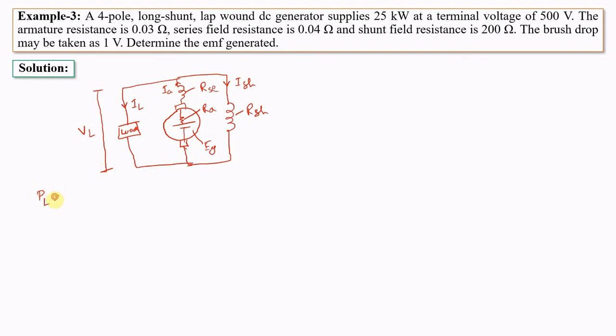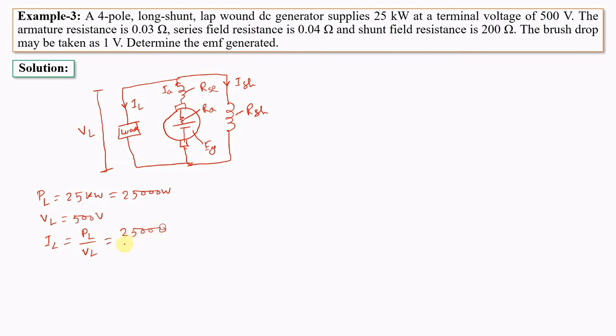The output power here is 25 kilowatt or 25,000 watt, and the voltage across the load is 500 volt. That is the terminal voltage. So IL can be calculated as output power upon voltage across the load.